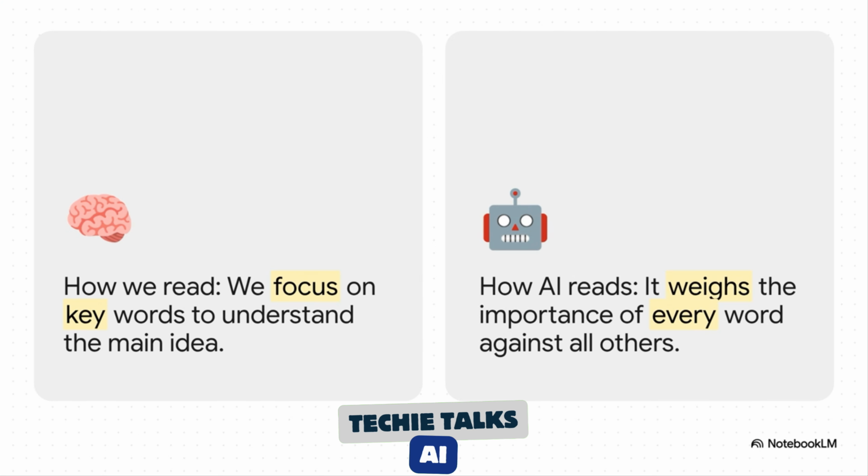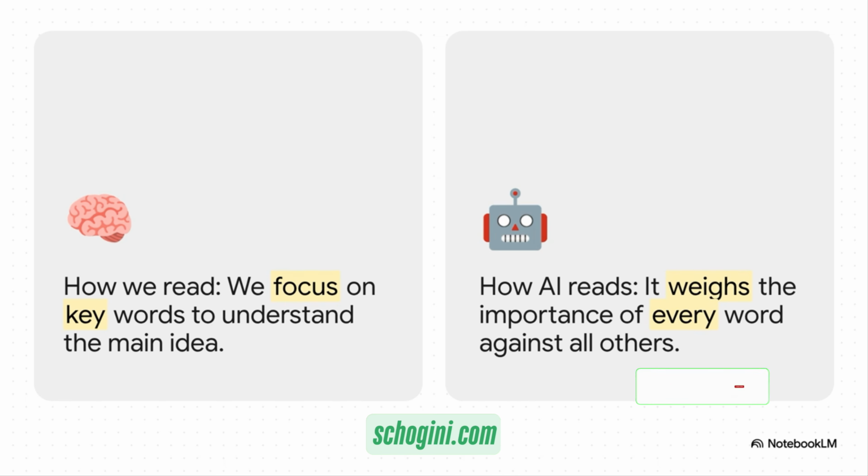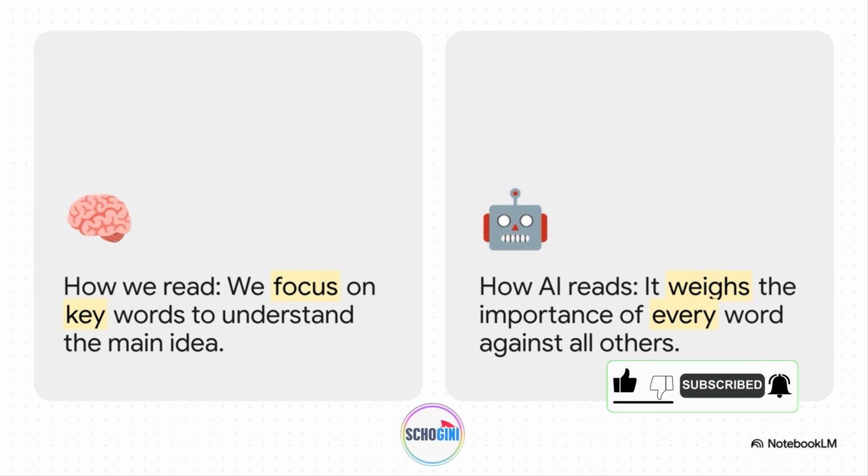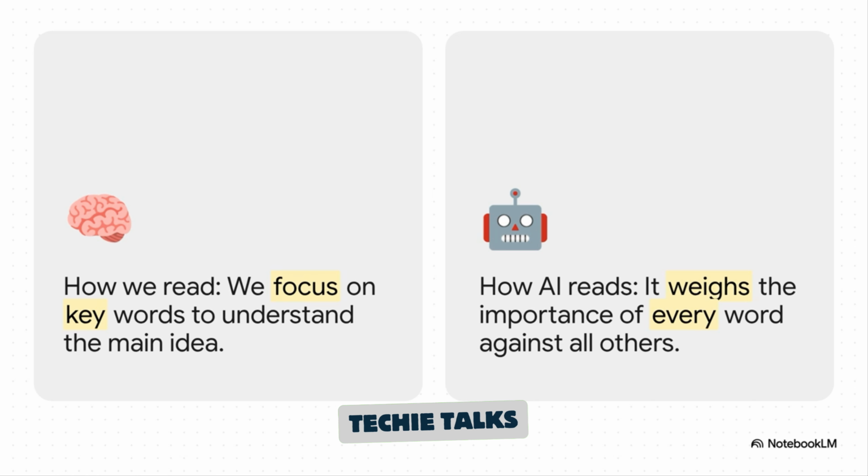When we read a sentence, we kind of skim it. We focus on the important words, the nouns, the verbs, to get the main idea. But the self-attention mechanism is obsessive. It mathematically scores the importance of every word in your prompt against every other word in your prompt. This is how it's able to figure out that in a sentence like, the bee landed on the flower because it wanted nectar, that it refers to the bee, not the flower. It's an incredible way to capture the full context.